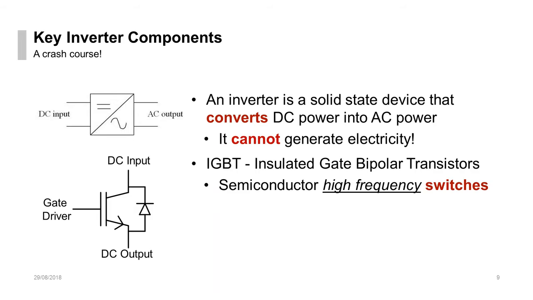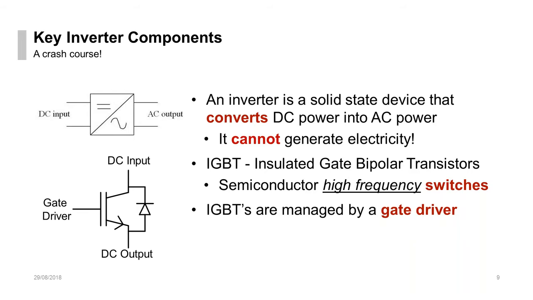And we take DC power in, we do some magic to it, and we create AC power on the backside. At no point are we actually generating any electricity. It's just changing its form. And the way we do that is using an IGBT, which is an insulated gate bipolar transistor. And this is really just a high frequency switch. It goes on and off really, really fast, and that helps us create that pulse width modulating waveform.